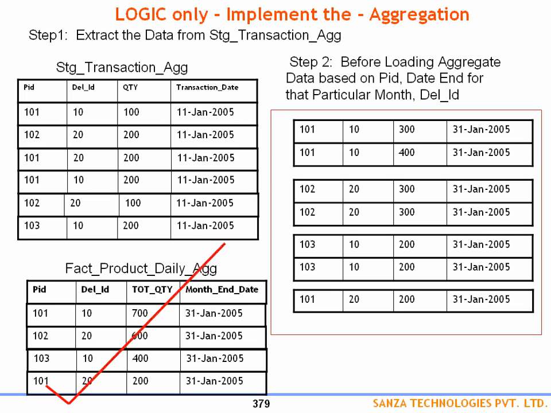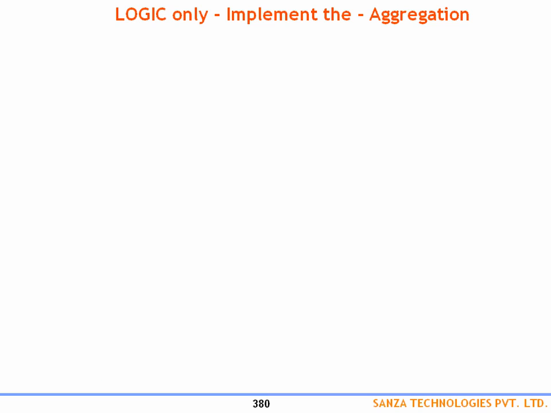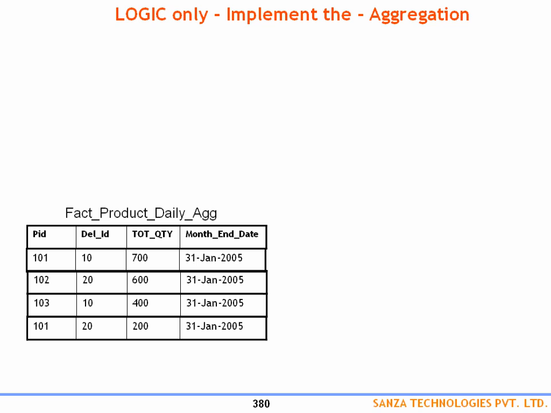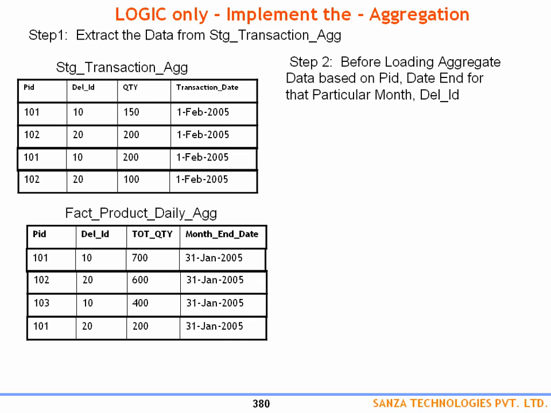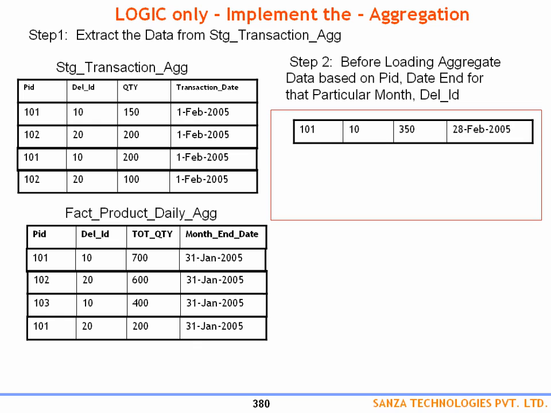Now let us assume this is the data in your fact product aggregate daily. In the staging table, 1st February 2005 data has come. Now what do we do? Month end date for 1st February 2005, 101, 10, 1st February.